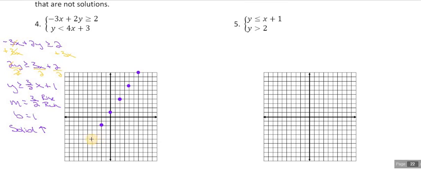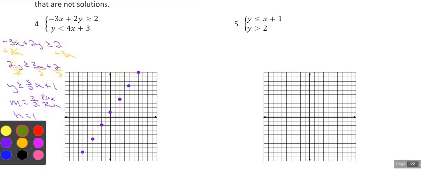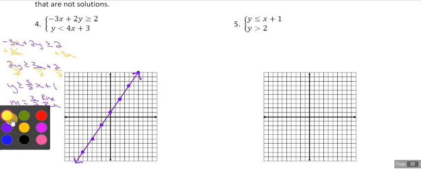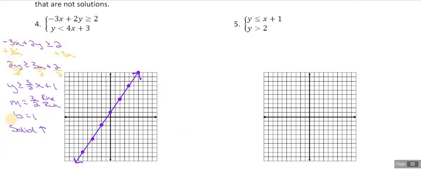Down 3, left 2. Okay, so it is a solid line, so I can use my nice little line tool. Make that nice little line. It does continue on forever in both directions, so we need to include our arrows on the ends. We need to shade above our line, so here comes my shading in purple.